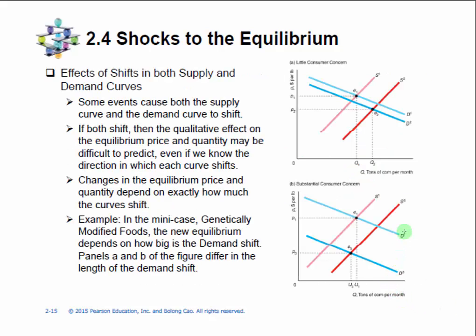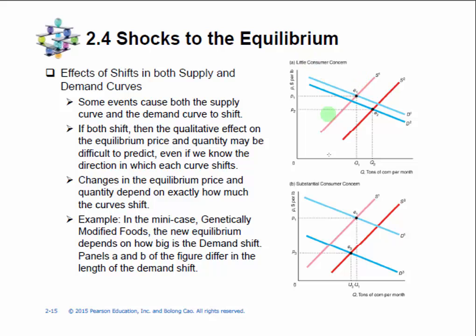So we have seen the shift of one curve, right? One supply or demand curve shifts its position. What if both curves shift? Both curves change their positions, and in this picture, what we see is basically the demand curve declines a little bit, demand shifted to the left a bit, and the supply curve also shifts to the left, but in a much larger magnitude.